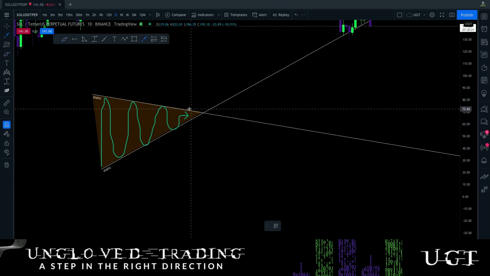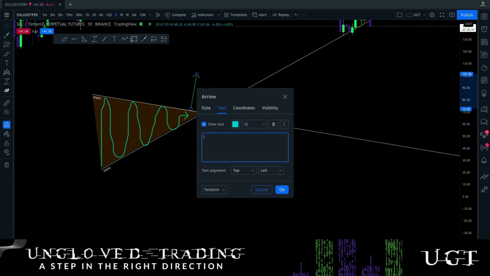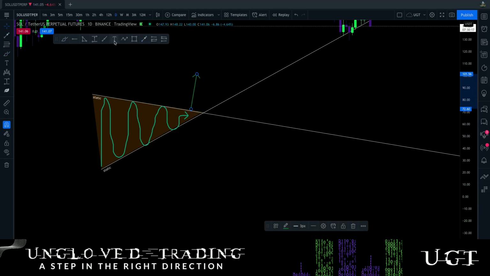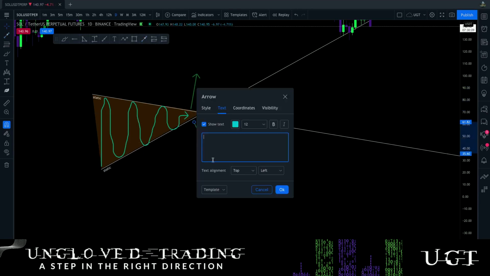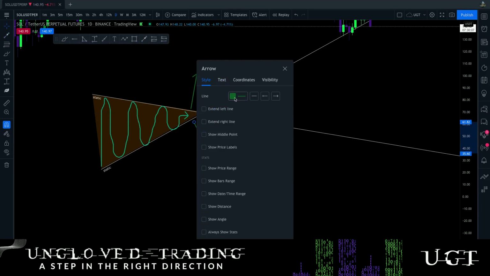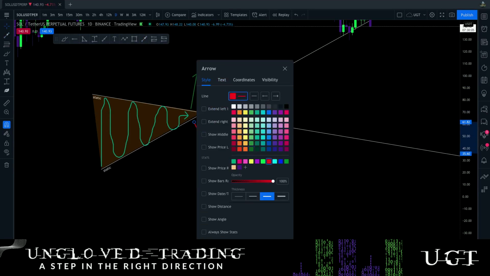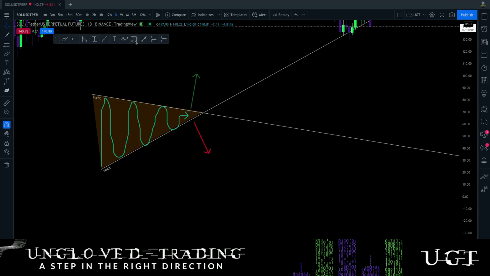You're either going to break out to the upside, you're going to get that ignition and the momentum comes in and you move up because you've broken your resistance, or you're going to move downwards, or the third scenario is you just move sideways.